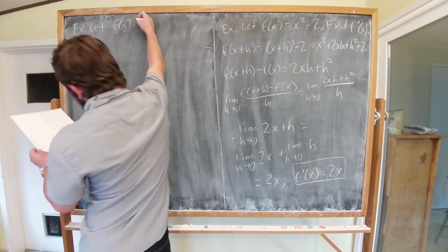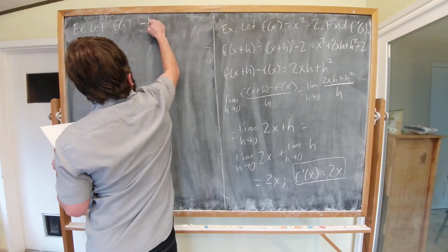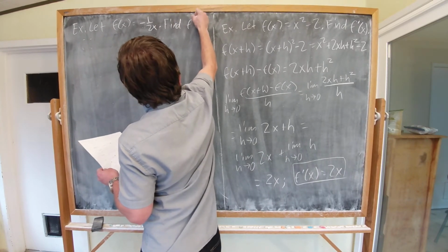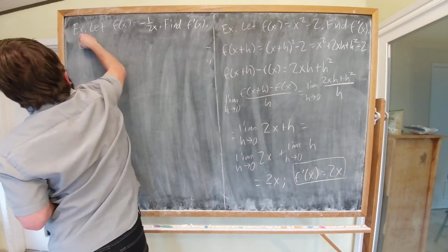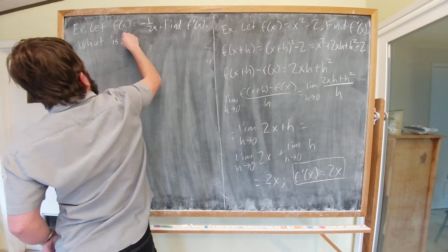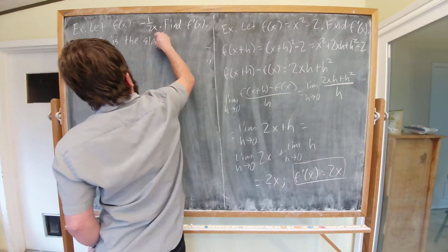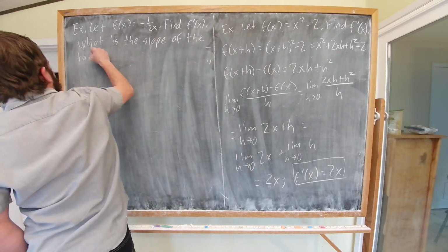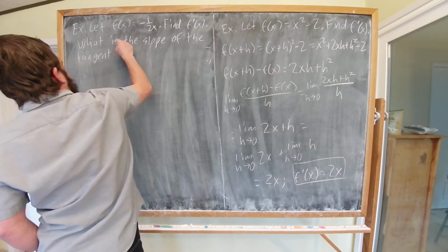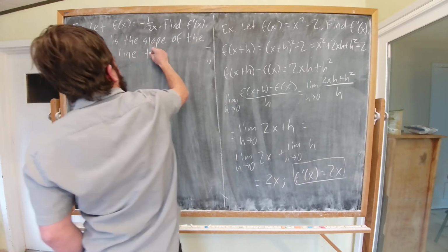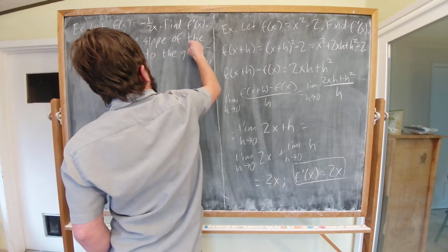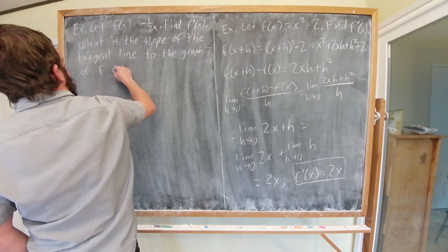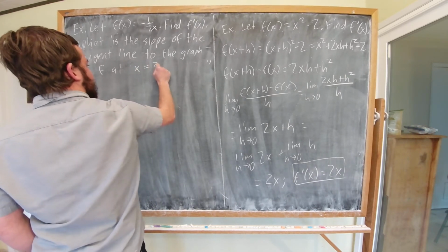Let's let f of x equal negative 1 over 2x. Now let's do a two-part thing. Let's find f prime of x and answer the question, what is the slope of the tangent line to the graph of f at x equals 3.